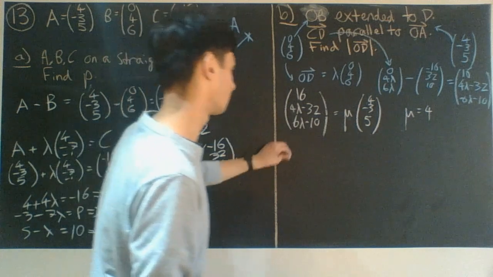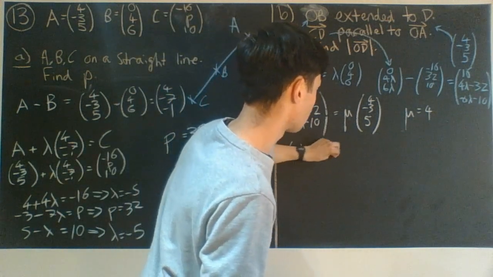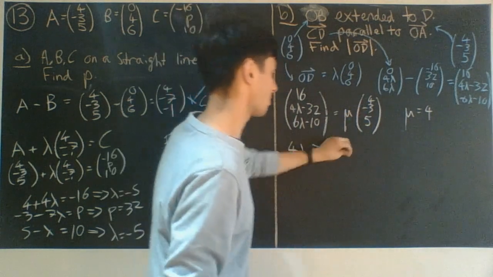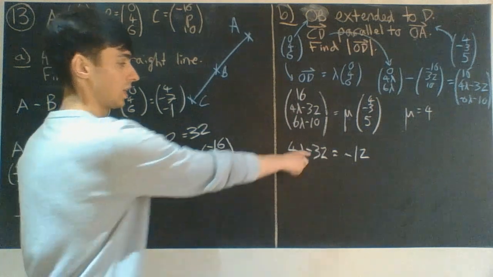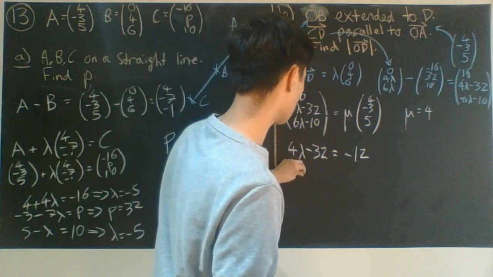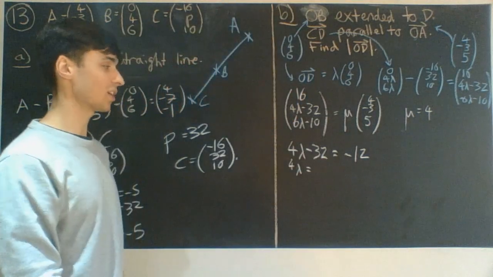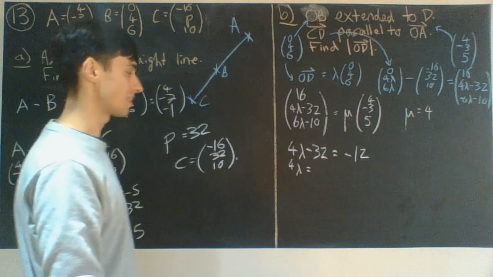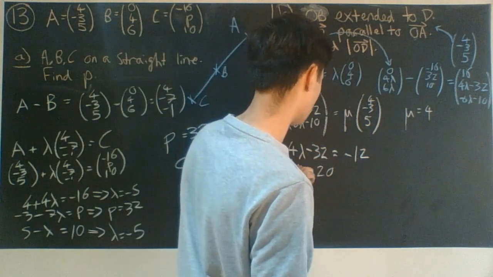That's minus 12. So 4 lambda is going to be minus 12 plus 32, which should give us 20. So lambda here we think is 5.